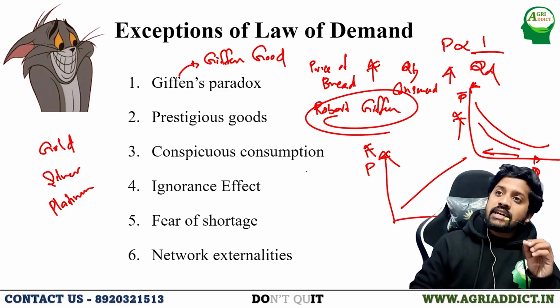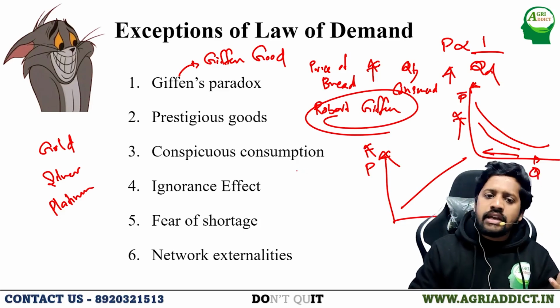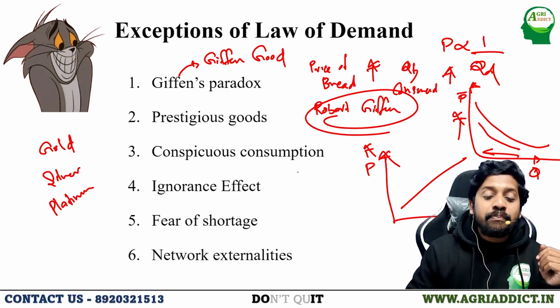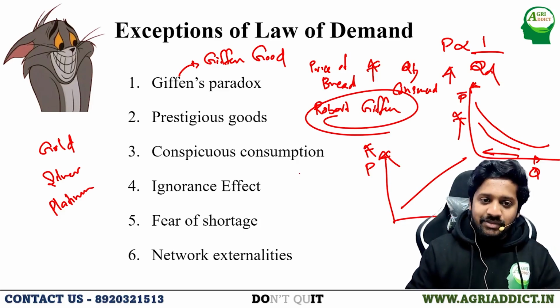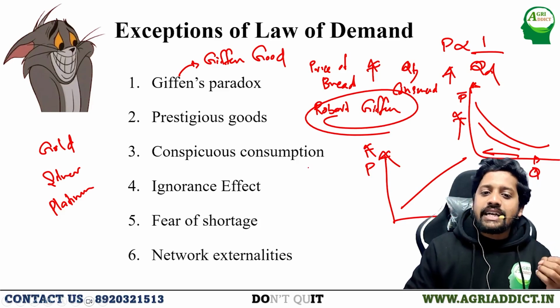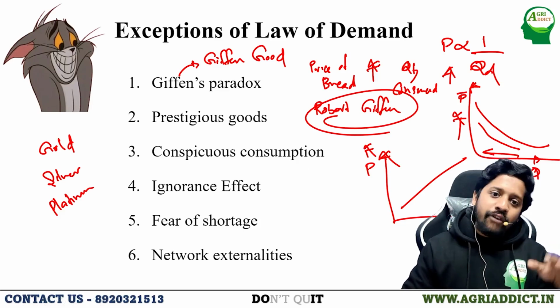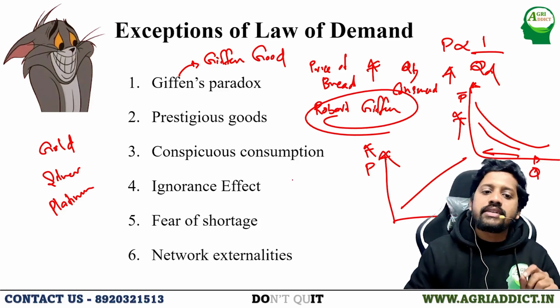We can travel from one place to another using a public transport system, or we can buy a car or a scooty. But if we are buying a supercar, then that can be considered conspicuous consumption or a luxury, because buying that gives additional satisfaction while being in society. So in this case also the law of demand is not working.